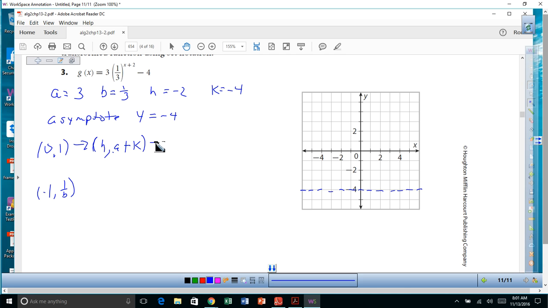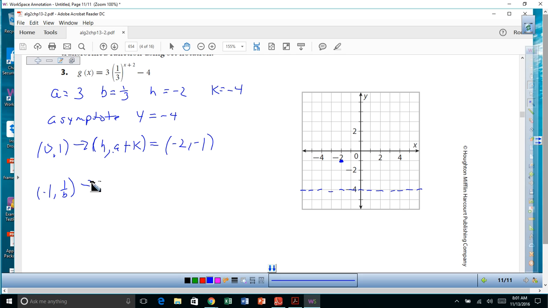Remember that. So h is -2, and then a is 3 plus -4. That's going to give you -1. So we've got -2, -1 right there. All right, that's our first point.